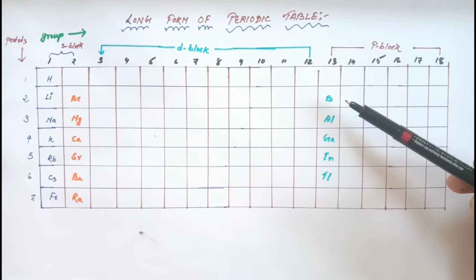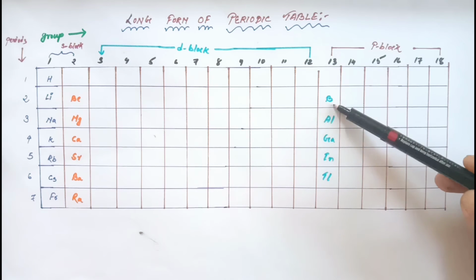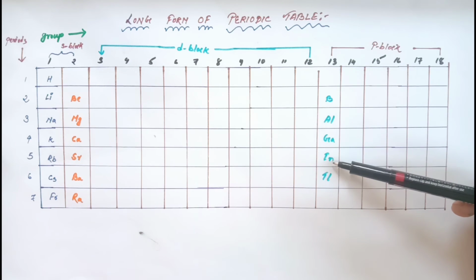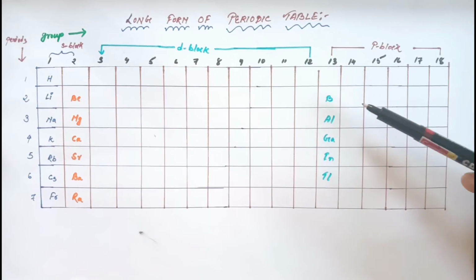We can remember these elements in a mnemonic form, that is Bal, Gangadhar, Indira, Tilak. Or we can say Bengan, Alu, Gajar in Thela. Next one is the group 14 elements.